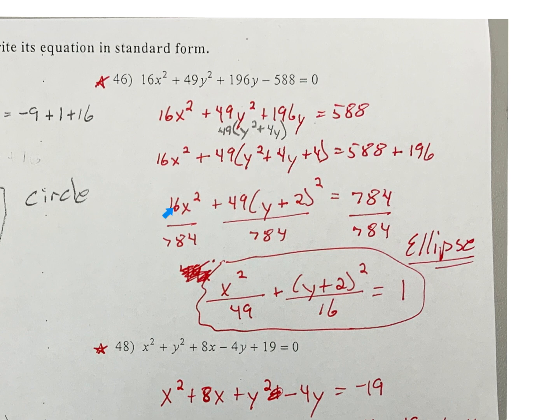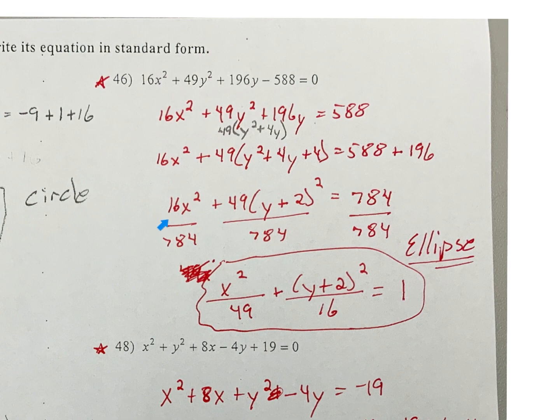Now, when I put all this together, I have the equation 16x squared plus 49 times y plus 2 squared, which is the factored form of this quadratic, equals 784. Now, we have these coefficients here. What we're going to do is divide everything by 784 to set this equal to 1.